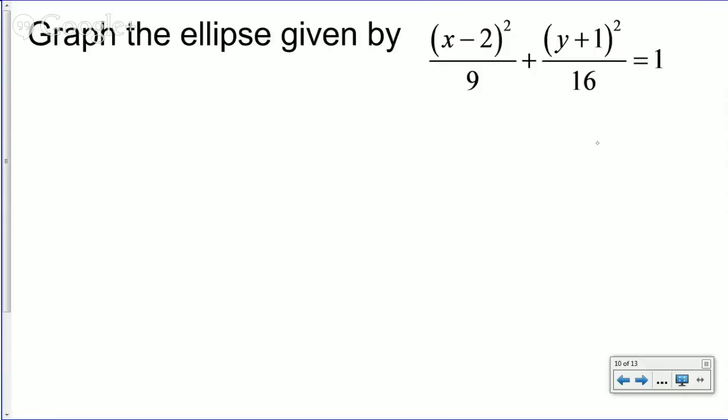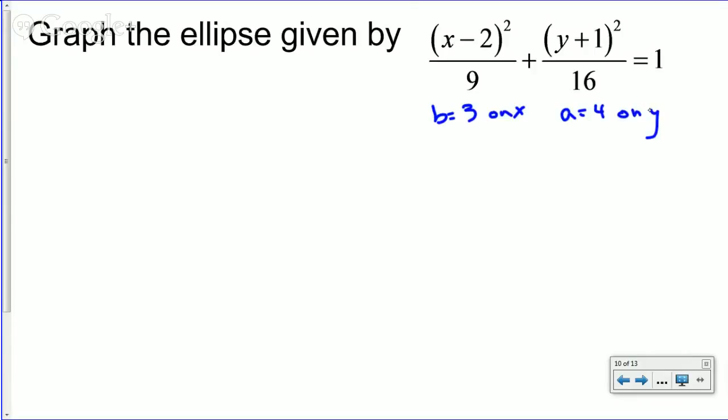All right, so I've got (x minus 2) squared over 9 plus (y plus 1) squared over 16 equals 1. Okay, so that tells me that this is going to be b. So b equals 3 in the x direction, and a equals 4 in the y direction.